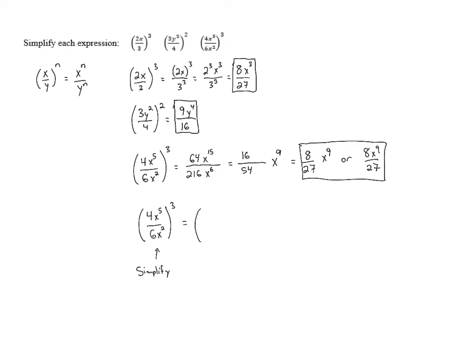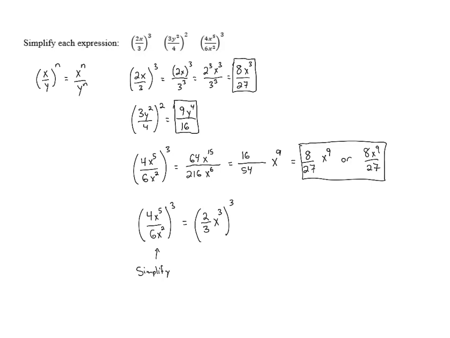So let's start by simplifying the inside. If you look at that 4/6, we know that that can be reduced to 2/3. And if you look at the x's, x to the fifth divided by x squared, we subtract the exponents, and that gives us x cubed.